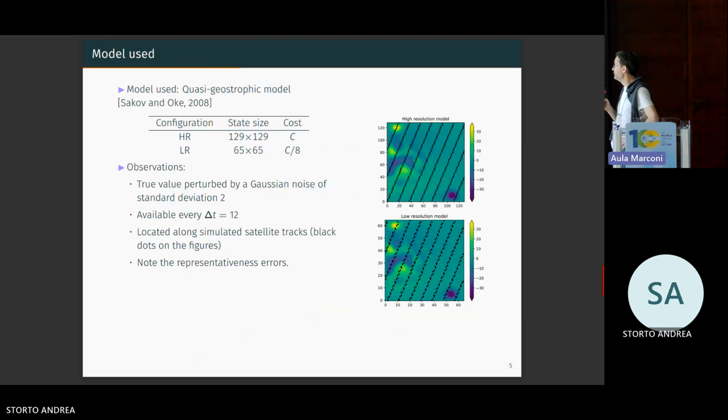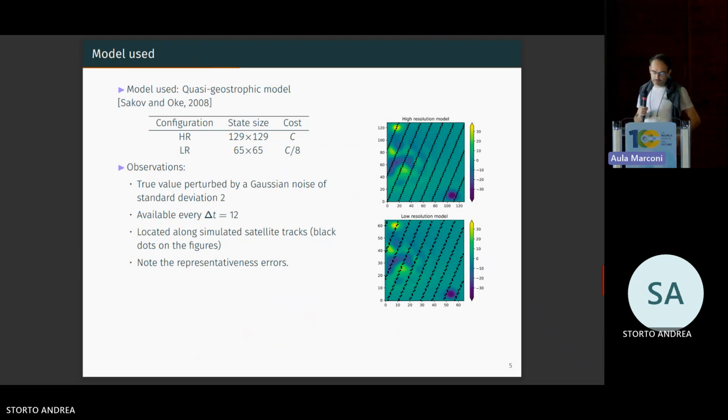In this work, we have used the quasi-geostrophic model from the paper of Sakov and Oke 2008. You can see the high and the low resolution on the right. We have performed synthetic experiments where the observations are generated by adding Gaussian noise to a true run of the model.